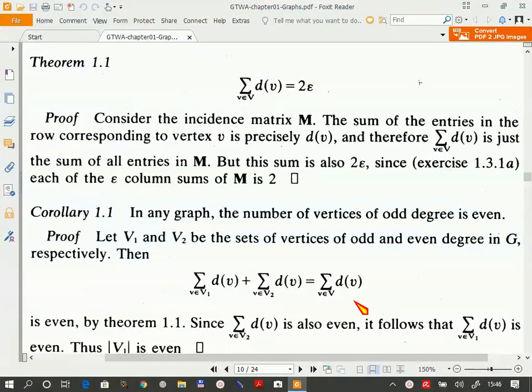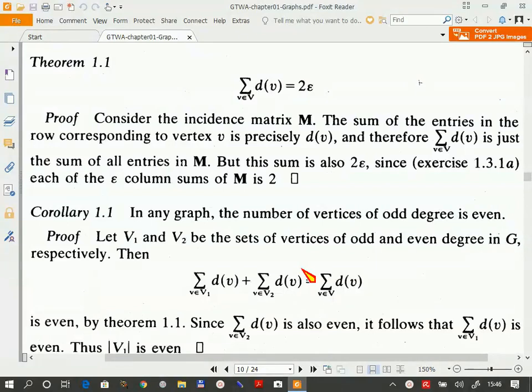But this sum of all degrees is an even number. Now, what about this number here? This is the sum of all even degrees in the graph. And so, is it even, odd, or what? Even. If you sum even numbers, you get an even number.